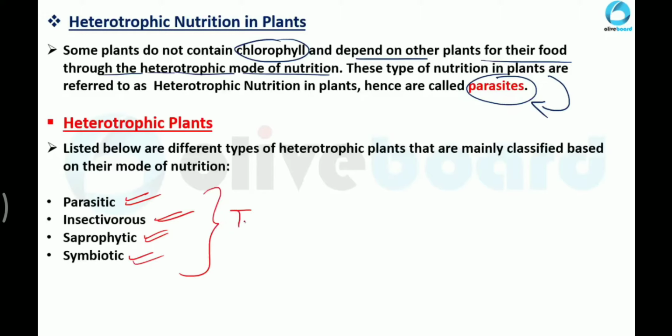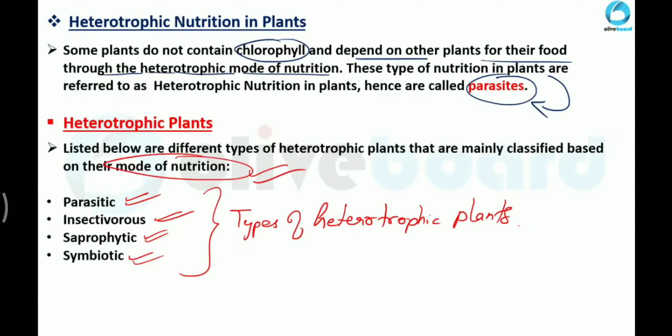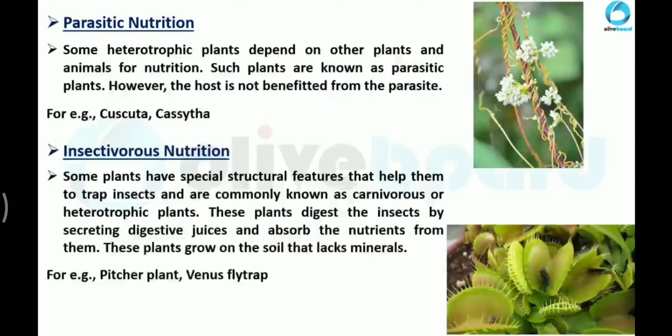These are the types of heterotrophic plants, mainly classified based on their mode of nutrition, which means how they use external factors to get nutrition. So we have classified them into four categories: parasitic, insectivorous, saprophytic, and symbiotic.